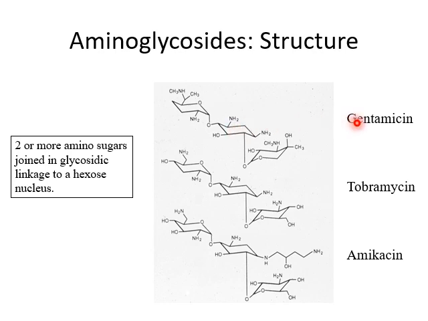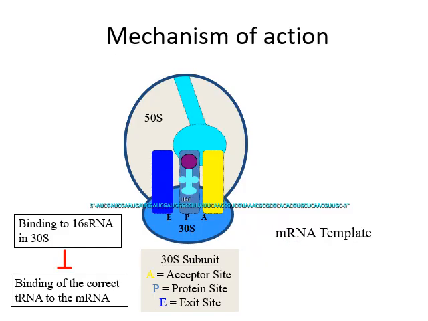The three typical aminoglycosides that we talk about are gentamicin, tobramycin, and amikacin. Mechanism of action, remember we said that we are going to inhibit the small ribosomal subunits. We said aminoglycosides and tetracycline do that, and the rest that we will talk about inhibit the 50S ribosomal subunit.